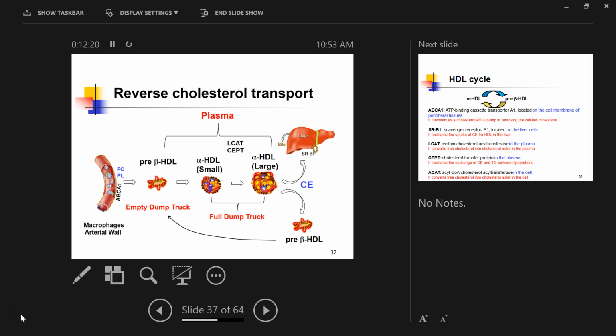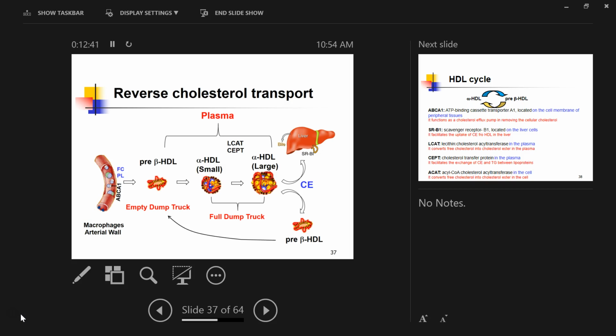And once beta HDL gets enough lipids, free cholesterol and phospholipids from peripheral tissue, here we are talking about the artery wall, they become alpha HDL.